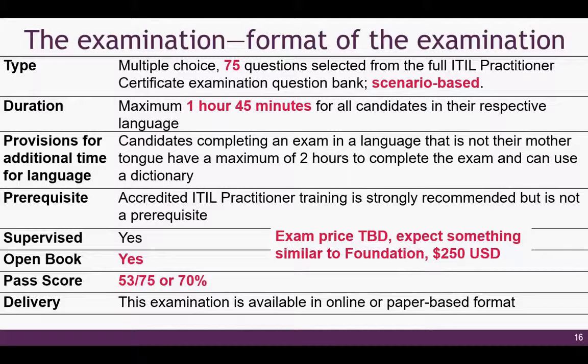So the exam is multiple choice, 75 questions. So that's different, right? Foundation is 40 questions, so this is a 75 question exam. It's scenario based. So it's like the intermediate exam, but unlike them. So it is simple multiple choice, just like the foundation exam, meaning there's one correct answer, not 2 or 3 correct answers.